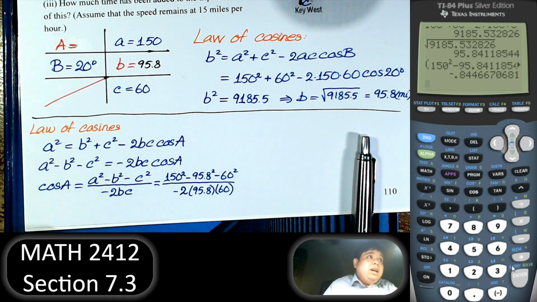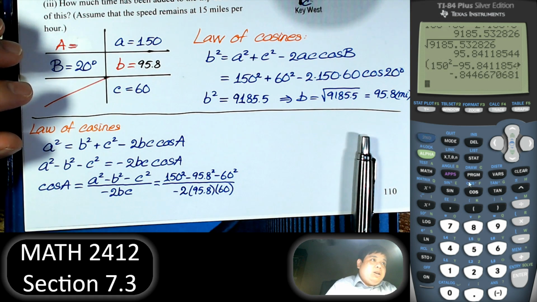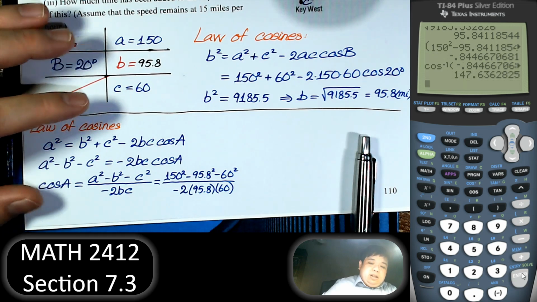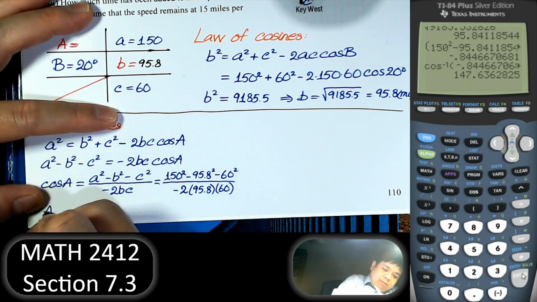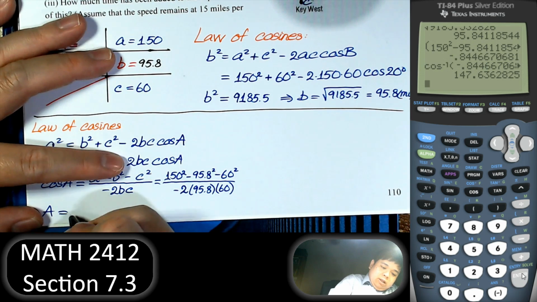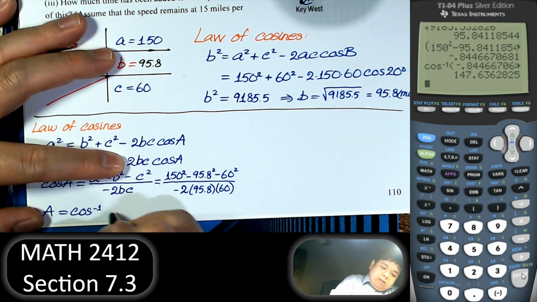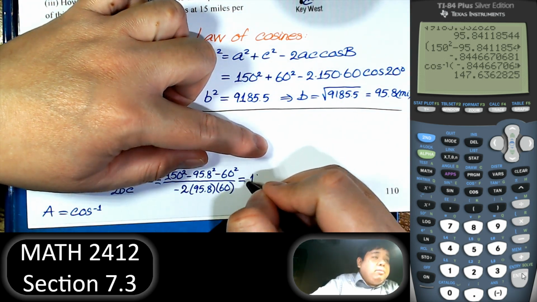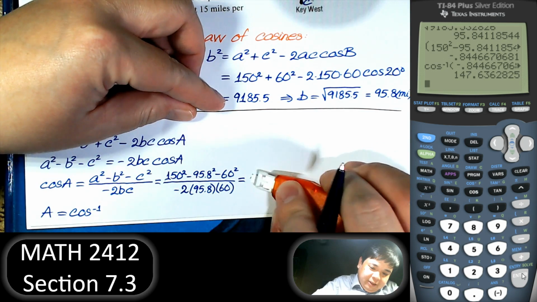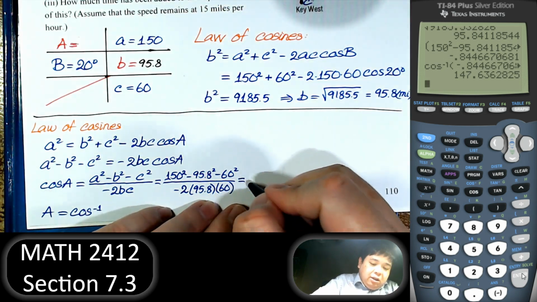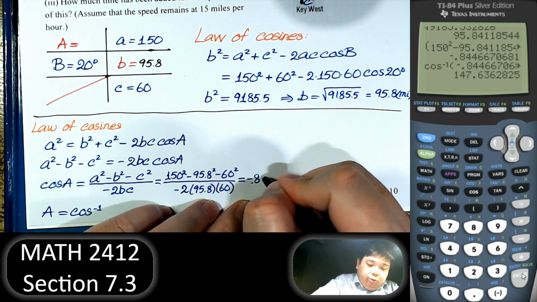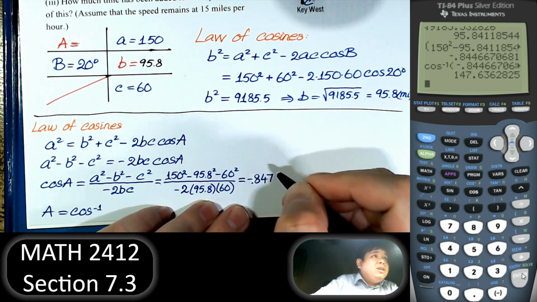And then we take the inverse cosine to have the angle A. Cosine inverse of whatever this is. 0.84745.